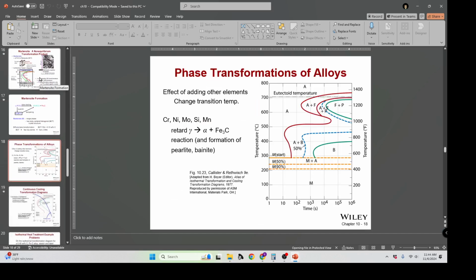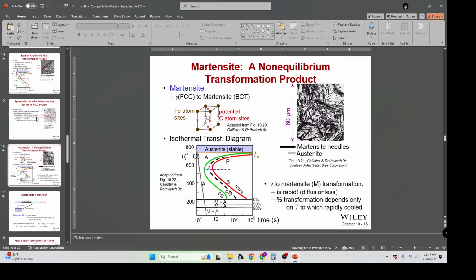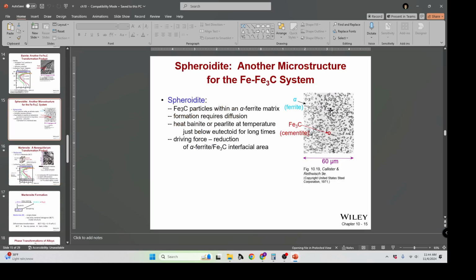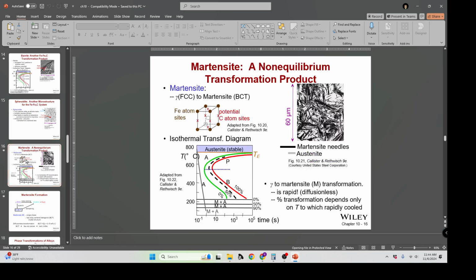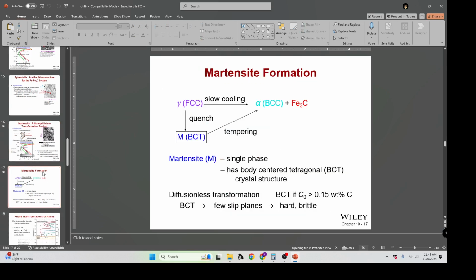Then you can get spheroidizing if it's left for a long time to equilibrate, often at temperature for some 24 to 48 hours. So if you cool very rapidly, you force the metal to go from FCC to BCT, body-centered tetragonal, and there's a lot of sites for the carbon, and it forms these sharp shards, which gives us a very hard cutting edge.